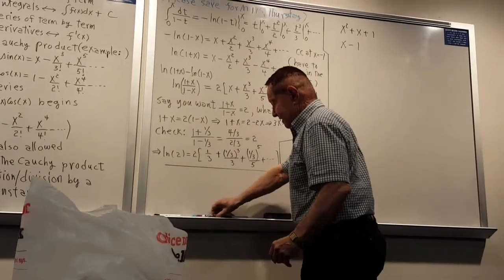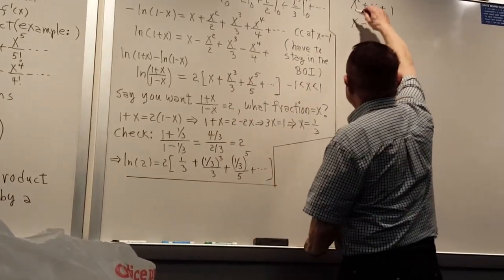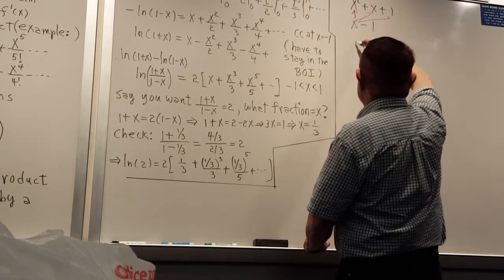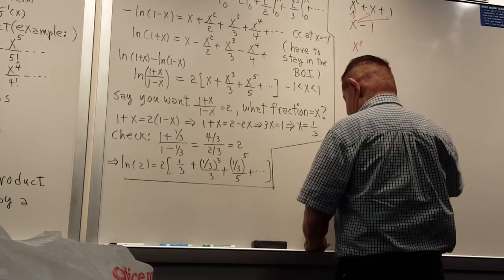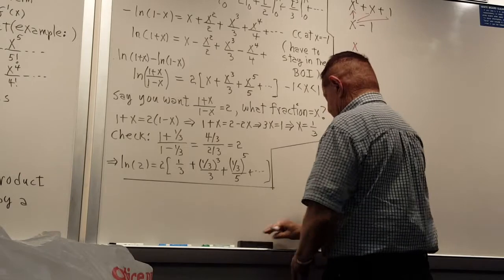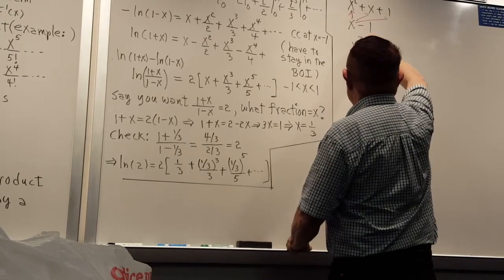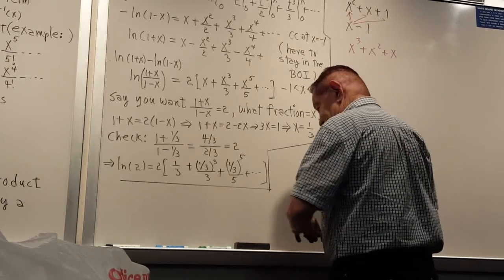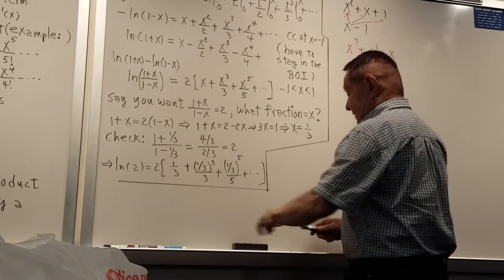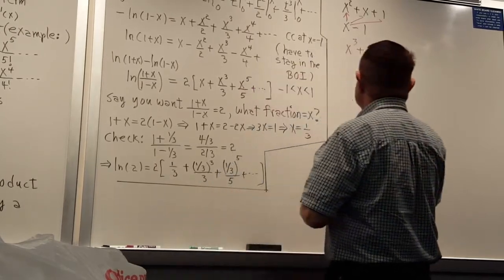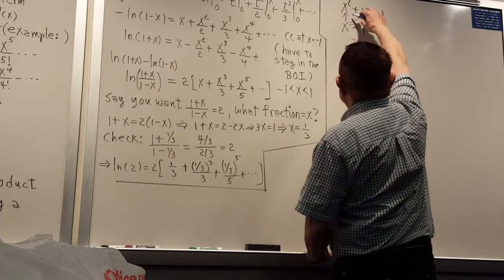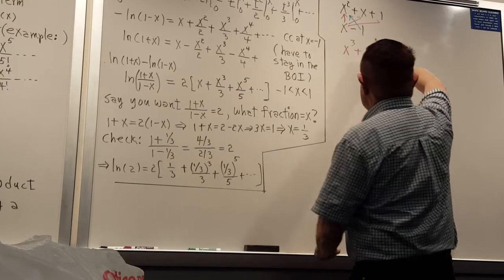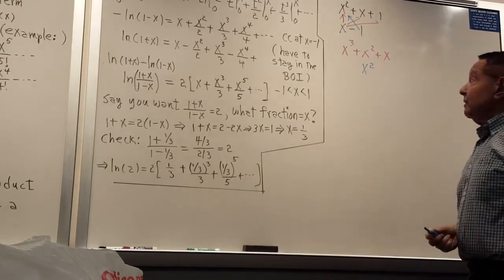So what I was saying is, you do this. So you have x cubed. And then you'd have, see, I'm putting like powers in the same column.